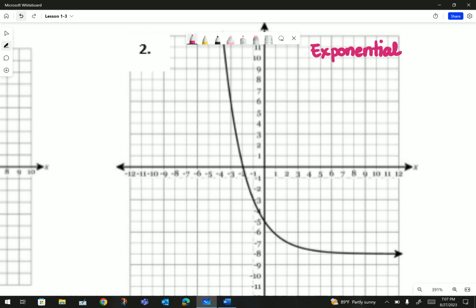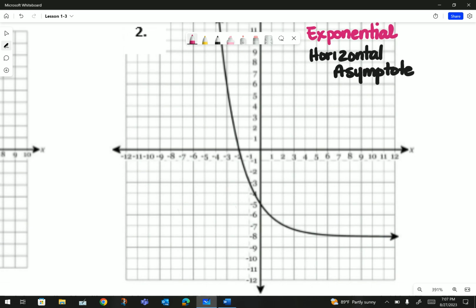So with exponential functions, I do want you to always remember that they have horizontal asymptotes.